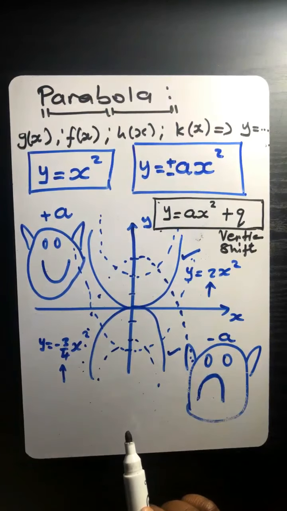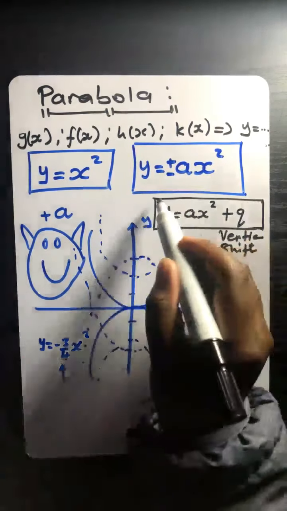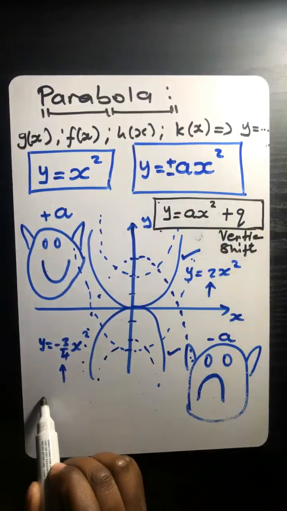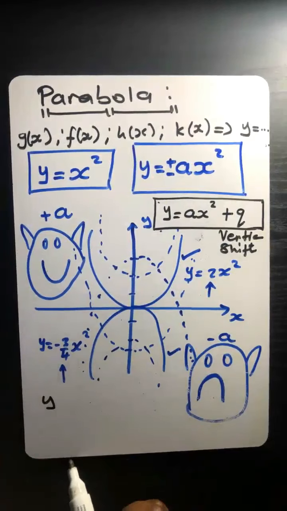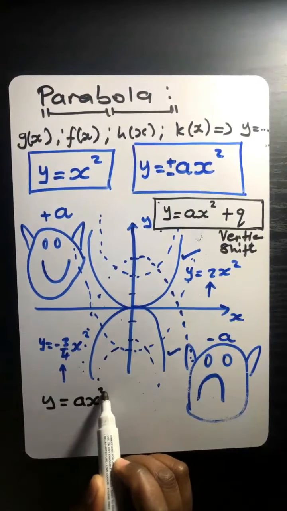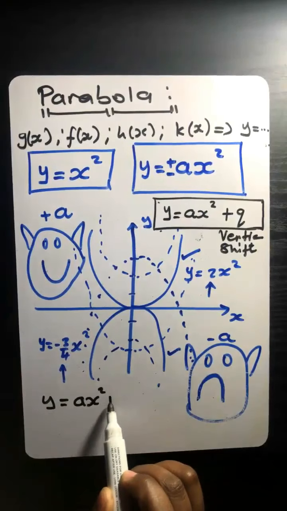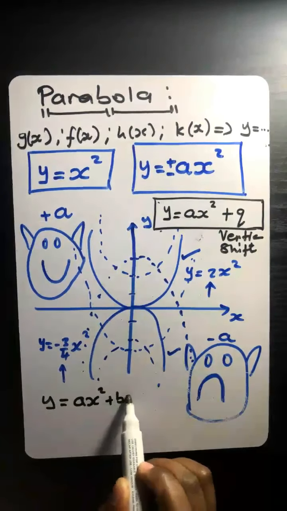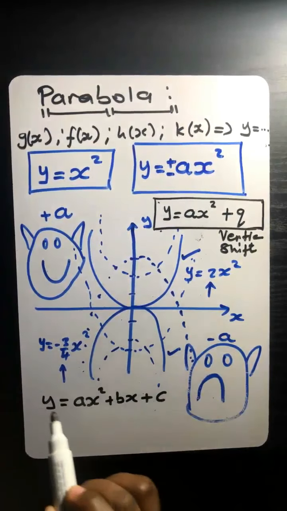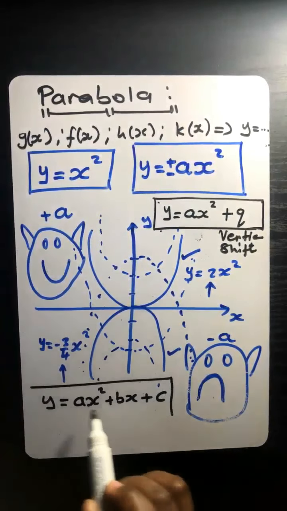Very, very much important. So now let's continue with that formula. It doesn't end there. It continues. You can have, let's say, ax squared, and in between there could be plus bx. And again, they can add a c over there.